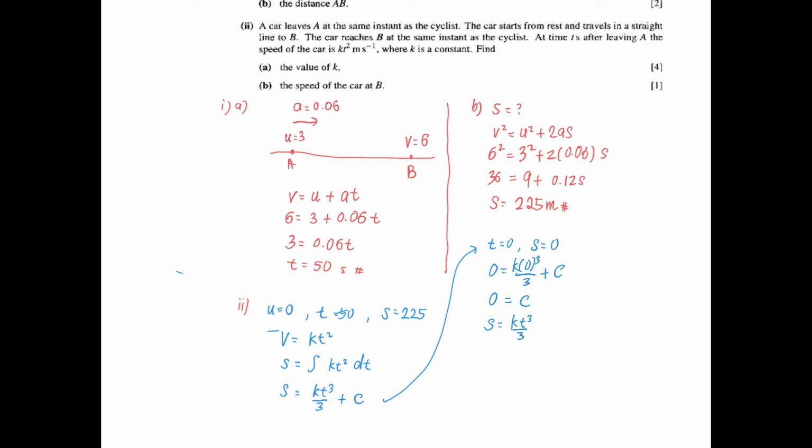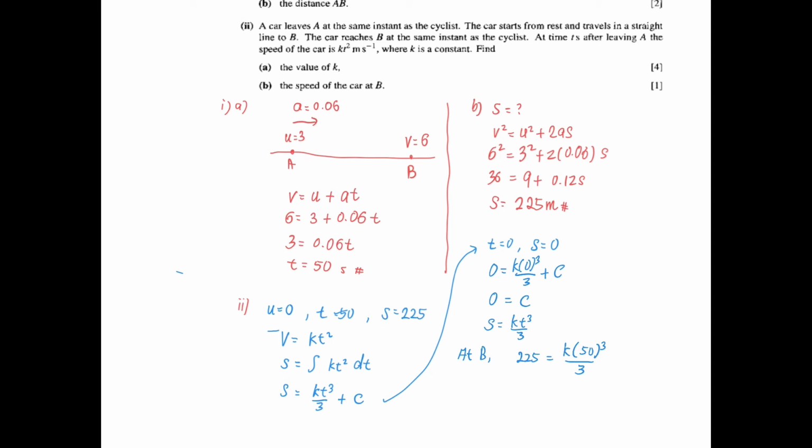So now how to find the k then? We have 225 is the moment when the car reaches B, and we have time also. The time is 50 seconds when the car reaches B. Okay, so at B, s is 225, k is unknown, time is 50, over 3.